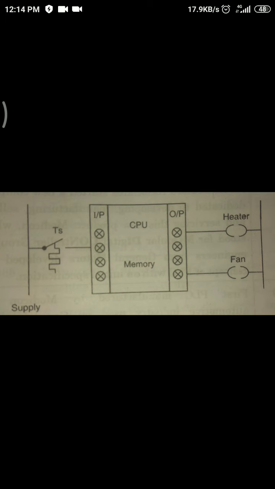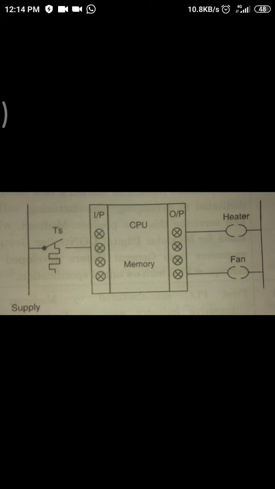Again, different types of PLCs are there depending upon the cost of the PLC. If the system is small, then low cost PLCs are available. If the application is medium, then medium PLCs are used, and if a high end application is there, then large PLCs are used.